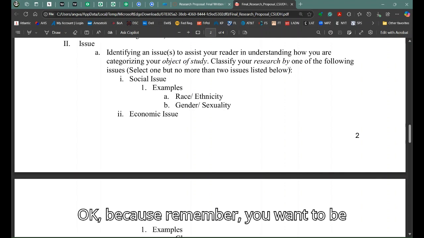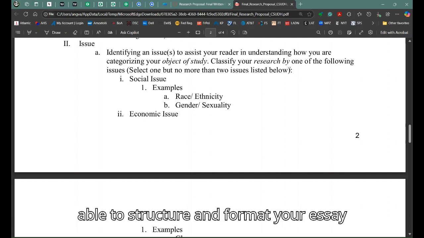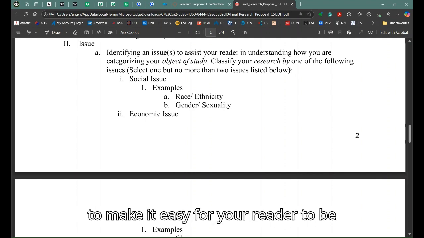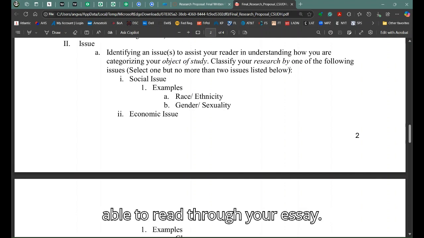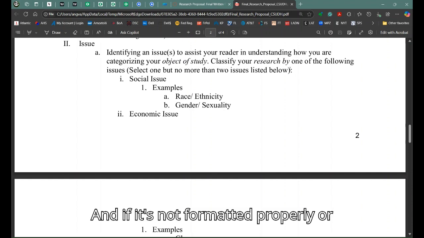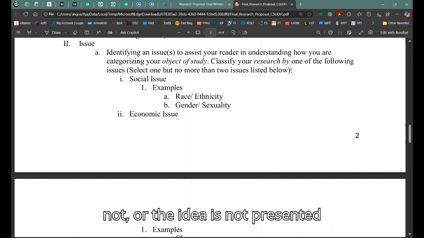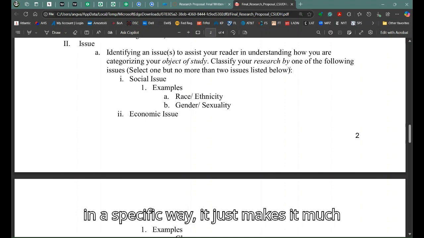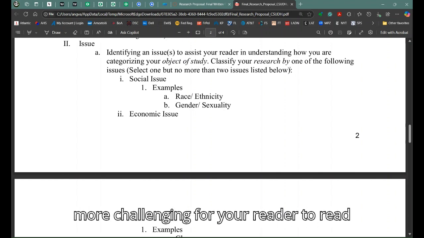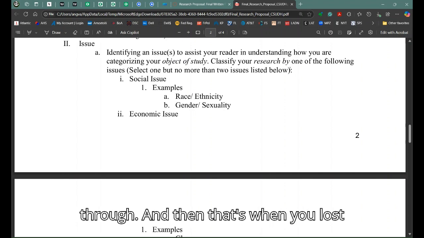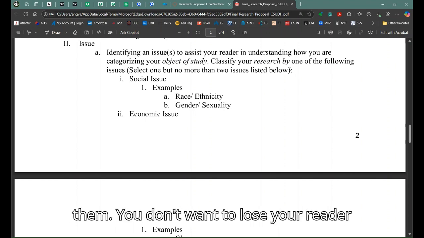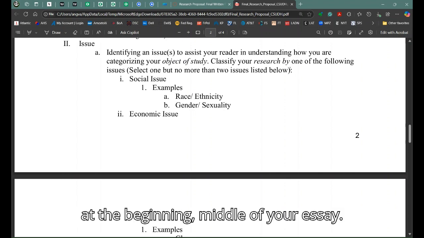Remember, you want to structure and format your essay to make it easy for your reader to read through. If it's not formatted properly, or the idea is not presented in a specific way, it makes it much more challenging for your reader, and that's when you've lost them. You don't want to lose your reader at the beginning or middle of your essay.